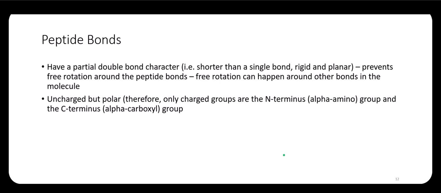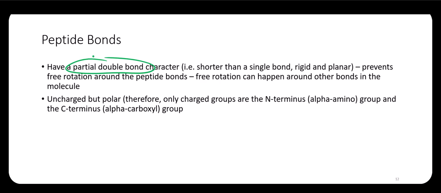Okay, peptide bonds have a partial double bond character, kind of a loaded term. What that means is it's a wannabe double bond. And just like any wannabe, it wants to be, but it isn't. It acts like a double bond in the sense that it's shorter than most single bonds. Remember, double bonds are shorter than single bonds, and it doesn't allow rotation. Remember, single bonds typically allow rotation, double bonds don't.